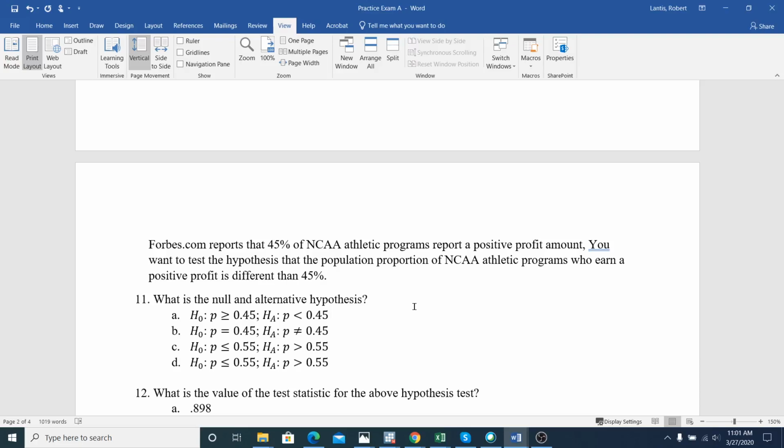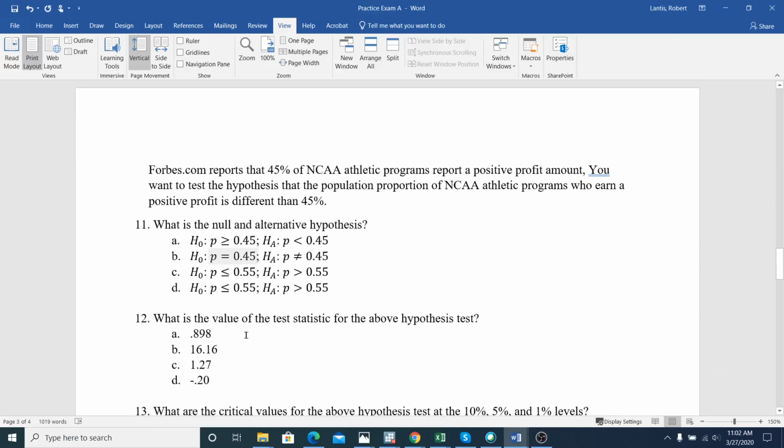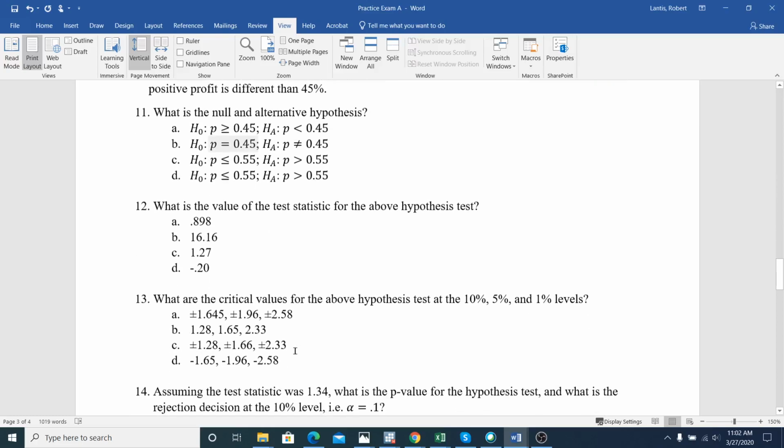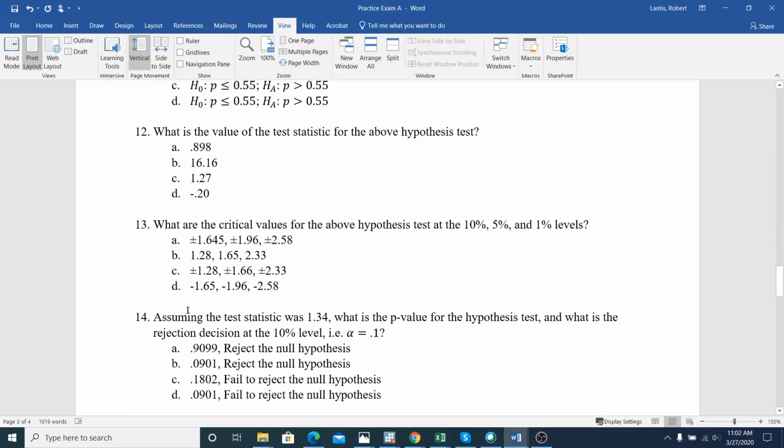Anytime we see this phrase, different than, you should be thinking that there's a not equal to sign in your alternative hypothesis. Different than means you just want to know, is it any other value than 0.45? So what we're testing for is that it's not equal to 0.45, which means we'll assume that it's equal to 0.45.